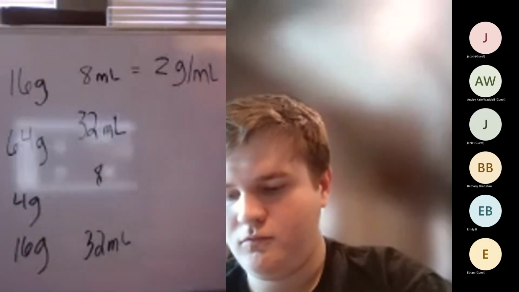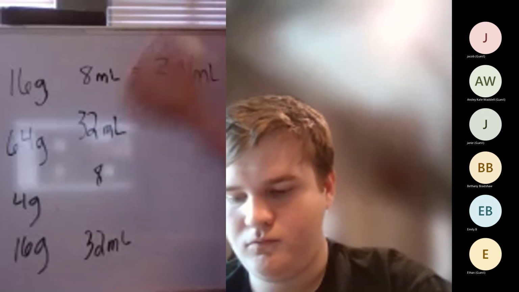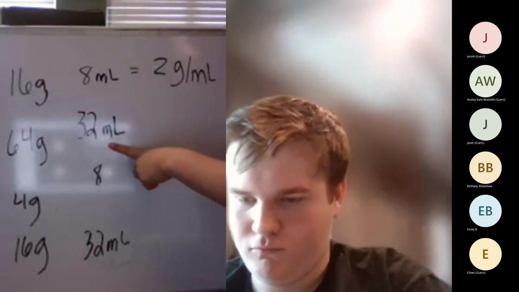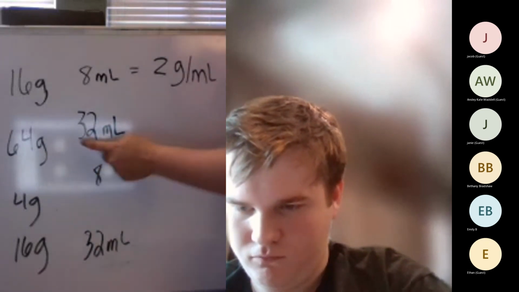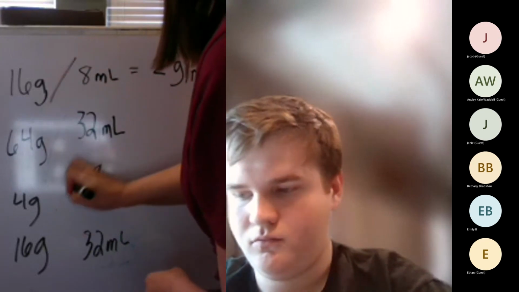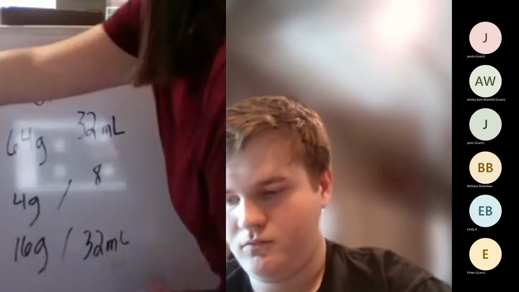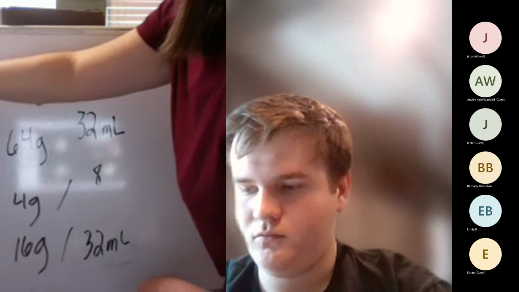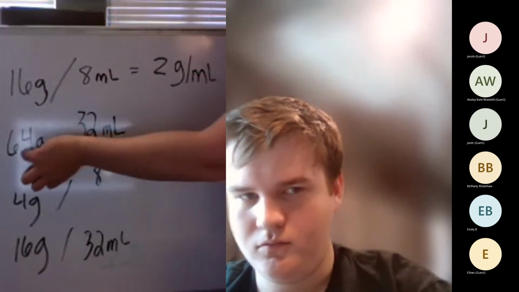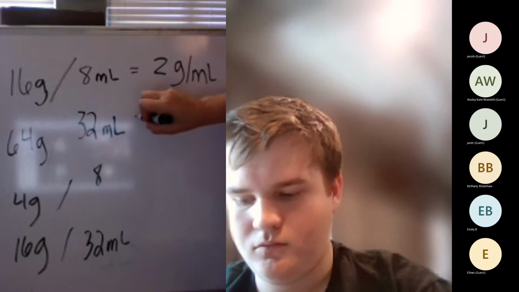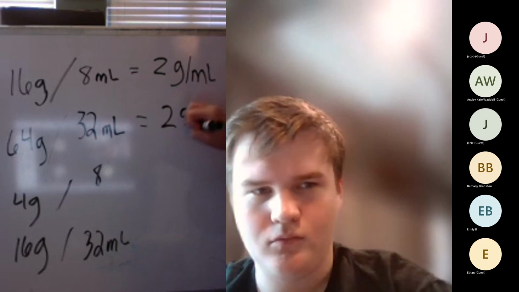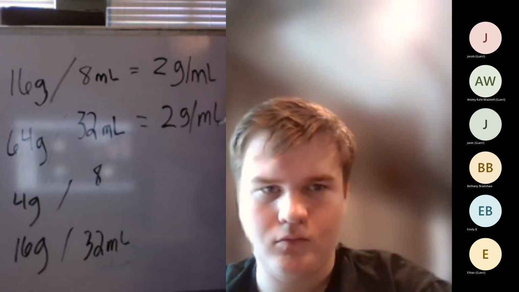Okay, so looking here, we've got 64 for our mass and 32 for our volume. So 64 divided by, I'm going to just draw a line here to show us that that's what we're doing, because density is equal to mass divided by volume, right? So mass divided by volume. For A2, you should have gotten a density of 2 grams per milliliter.